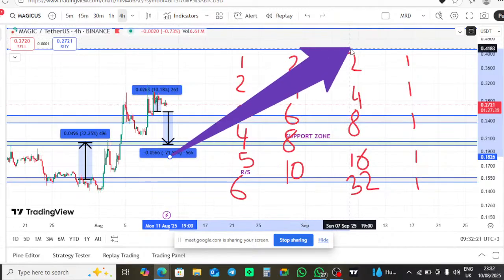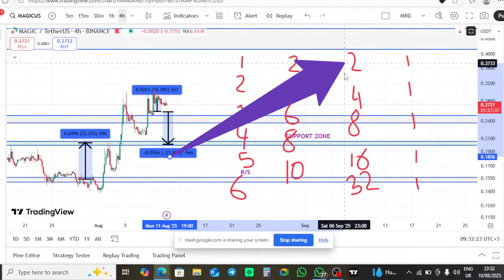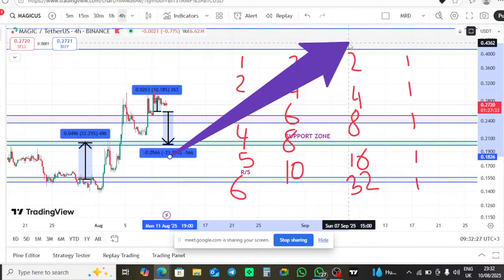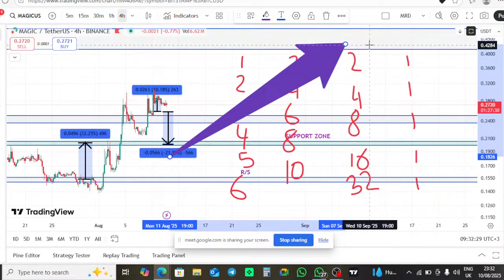But again, if you cannot be okay with this strategy, it means your greed is too much. Your patience is nowhere. Are we clear? Your patience is nowhere. Your greed is too much.